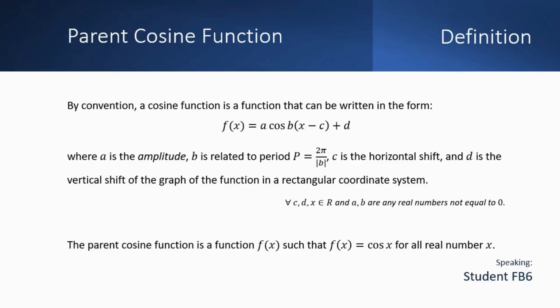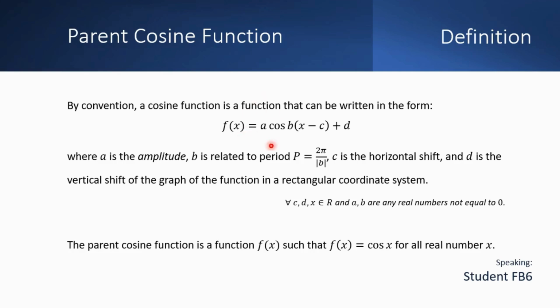By convention, a cosine function is a function that can be written in the form f of x equals a times cosine of quantity b times quantity x minus c plus d, where a is the amplitude, b is related to the period, p equals 2 pi divided by the absolute value of b, c is the horizontal shift, and d is the vertical shift of the graph of the function in a rectangular coordinate system, for all values of c, d, and x that are real numbers, and a and b are any real numbers that are not equal to 0.